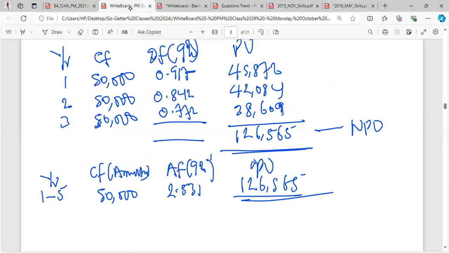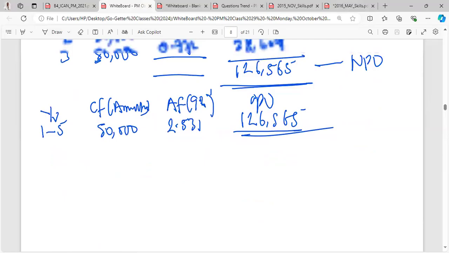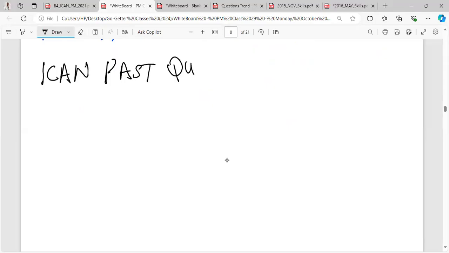So we use these notes that we have been using since the beginning of this topic. I will just start here. I'll use a different color of pen so that we know this is a past question.